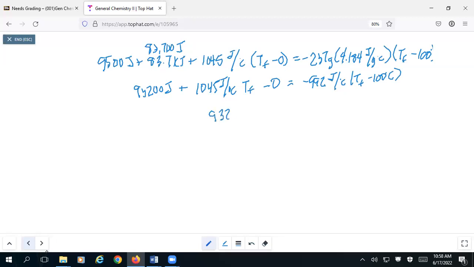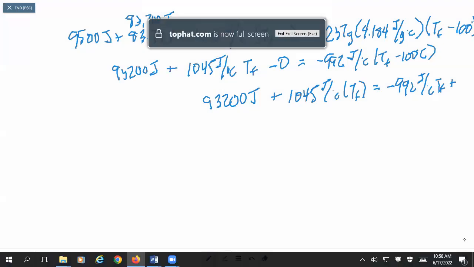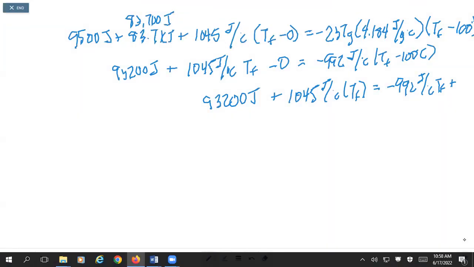So 93,200 joules plus 1,045 joules per degree Celsius times TF is equal to negative 992 joules per Celsius TF plus 99,200 joules.